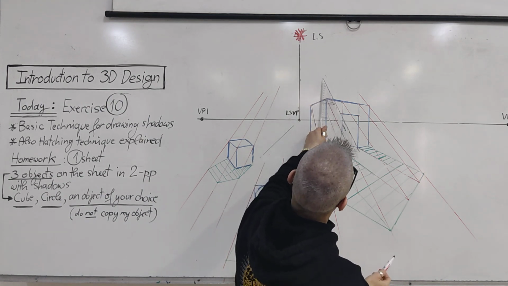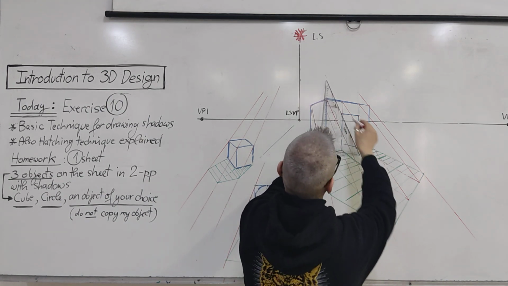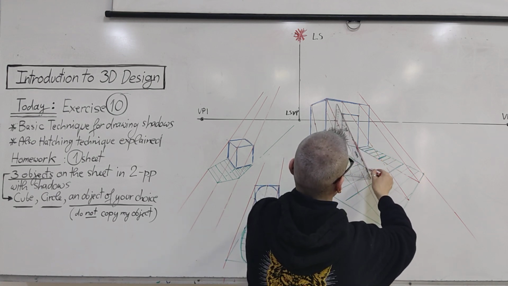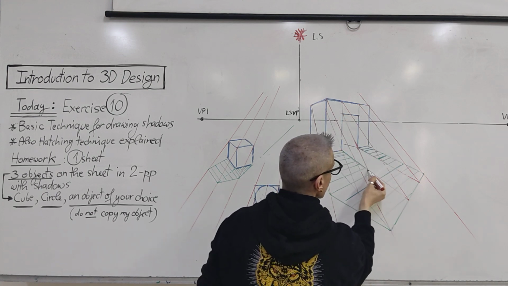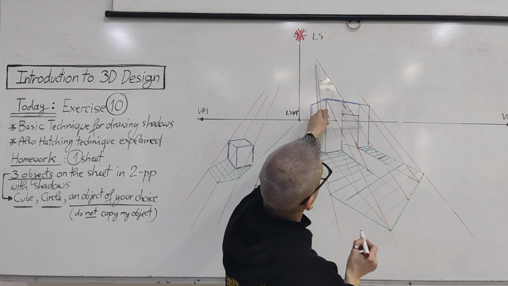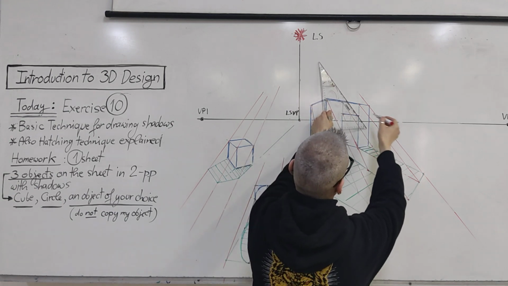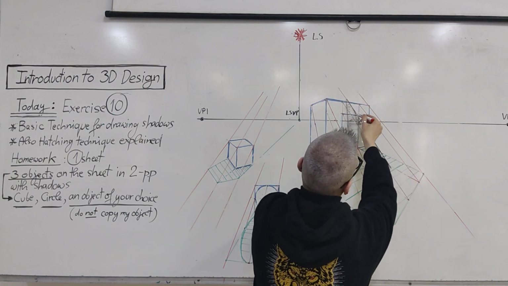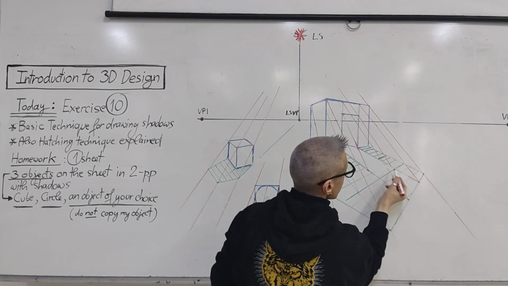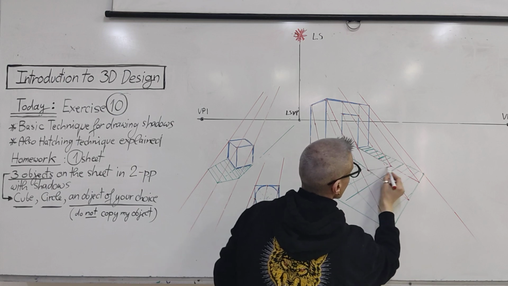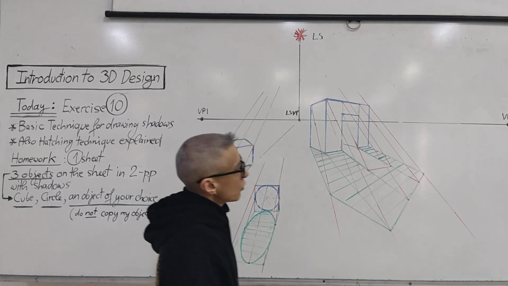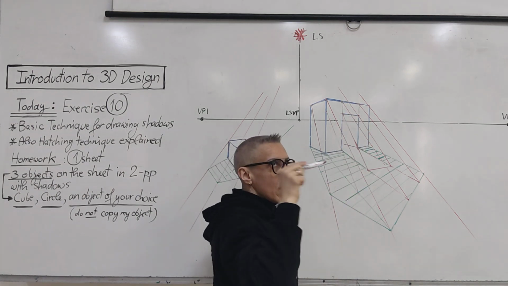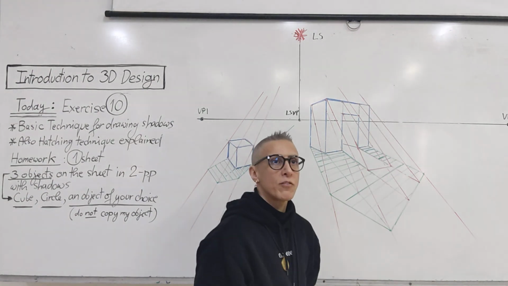So from the light source through this point, where it will intersect here. And this point, from the light source, where it will intersect this line, and we connect it. Actually, this is the more accurate way, because any points that lay on the line, first find them.